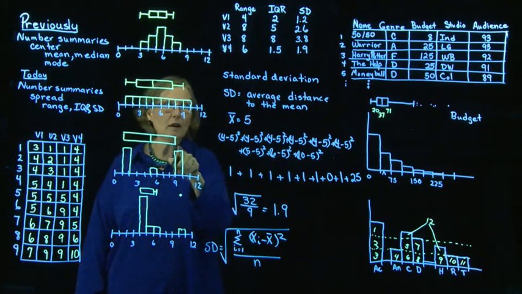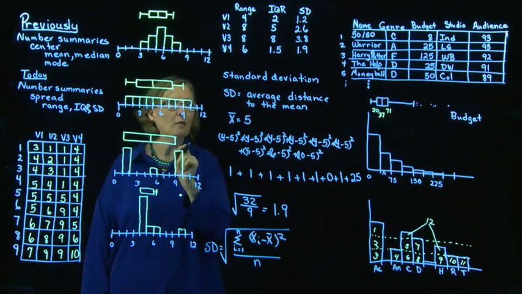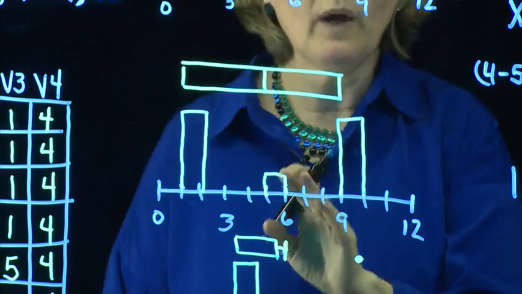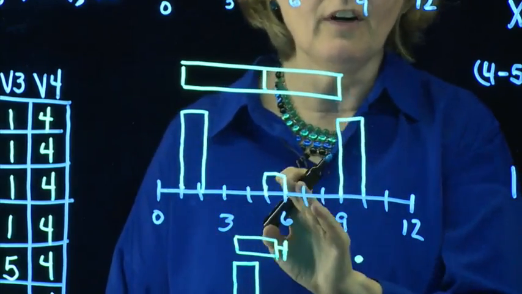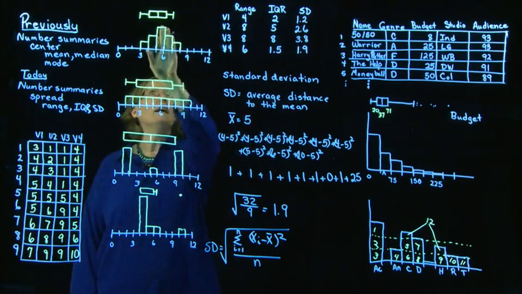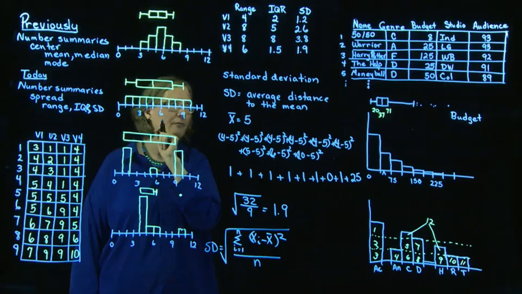This was the histogram that was U-shaped, so most of the observations were far from the mean. What makes a large standard deviation is when the observations are far from the mean. What makes the standard deviation small is when the observations are clustered closely to the mean, as in variable 1.